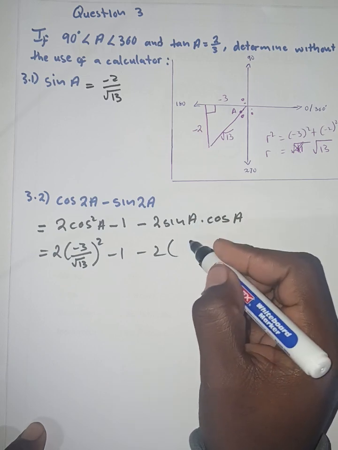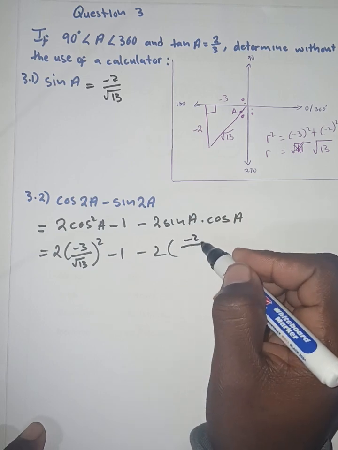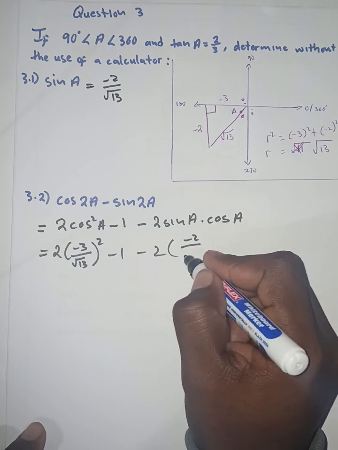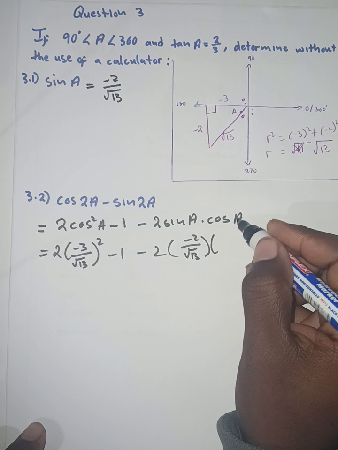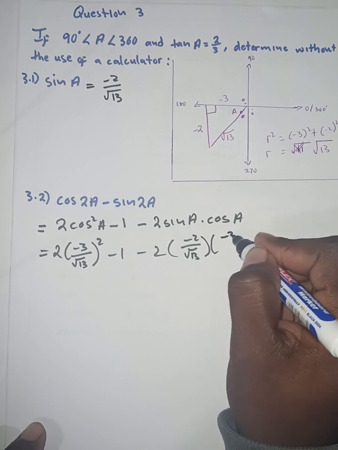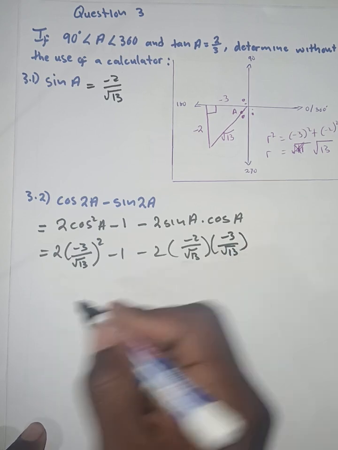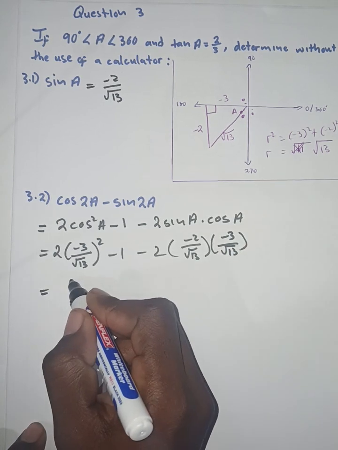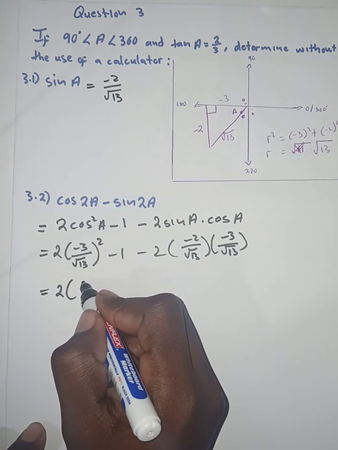Minus 2 sine of A, that would be -2 divided by root 13, and cos of A, which is -3 over root 13. If you square that, this would be 2 multiplied by 9.